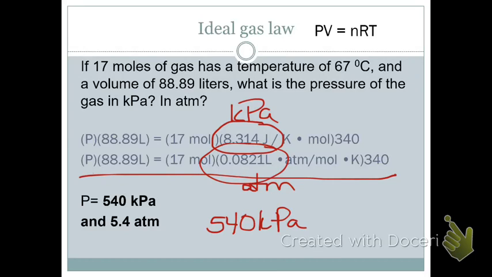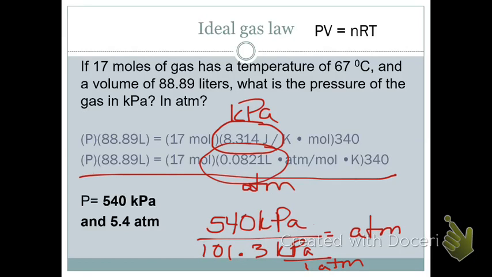So I can just divide this by the standard, 101.3 kilopascals, and that is going to get me my answer in atmospheres. Why? Because this is kilopascals per 1 atmosphere.